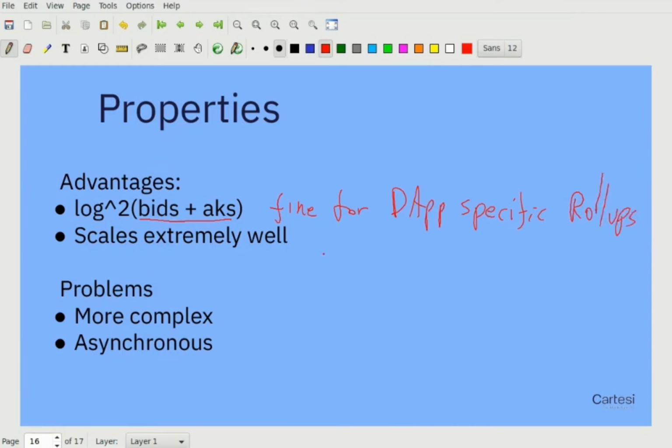but it's definitely not fine for layer 1 or for a layer 2 that's not DApp specific, because this starts to add up, I mean, a reasonable amount. So you're sure that there are no attacks on this system, and I would say it scales well enough that you can have in a single DApp all the pairs.